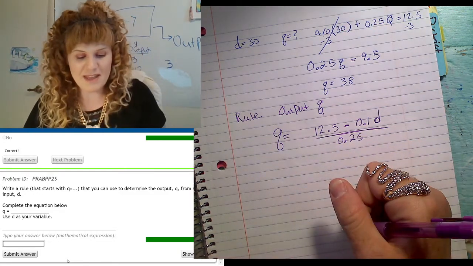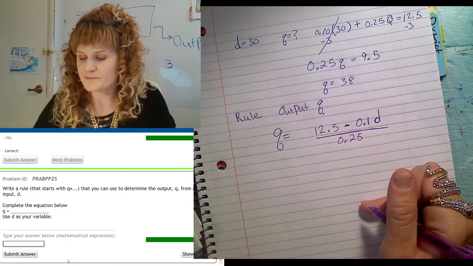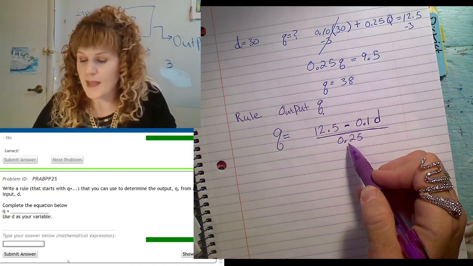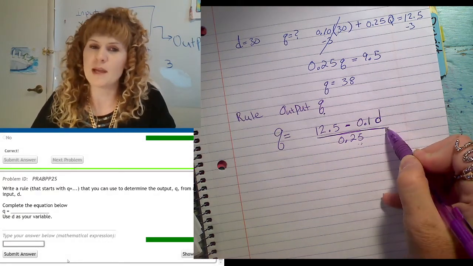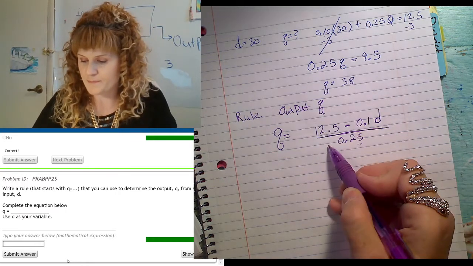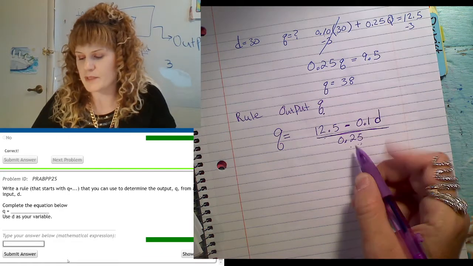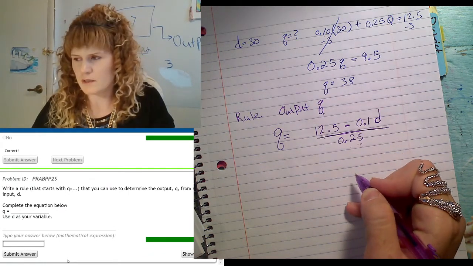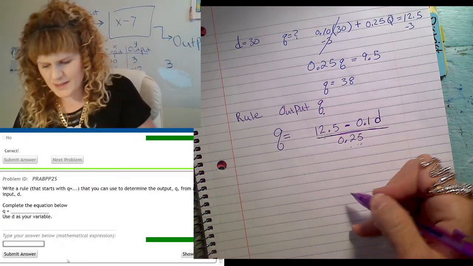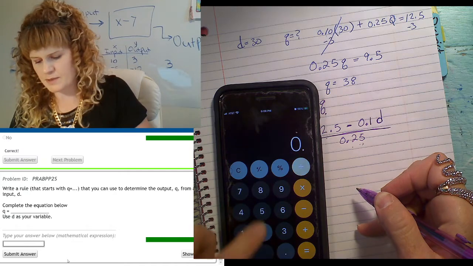If you don't believe me, we can rearrange the equation and I can prove it to you. Anyway, I'm not going to enter my answer like this because of the large fraction. I'm going to have to simplify this. So 12.5 divided by 0.25 is going to be 50? Isn't it 50? I'm going to double check. 12.5 divided by 0.25.